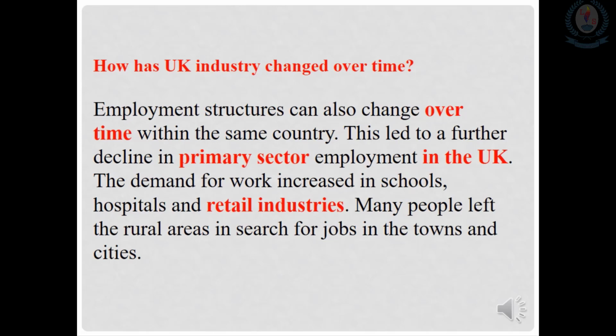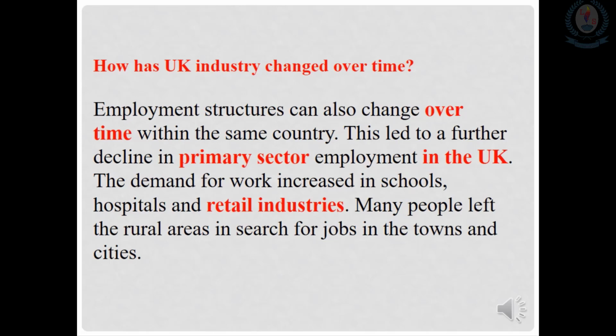Children, according to the chart that we observed in the previous slide, we can find how UK industry has changed over time. Employment structures can also change over time within the same country.